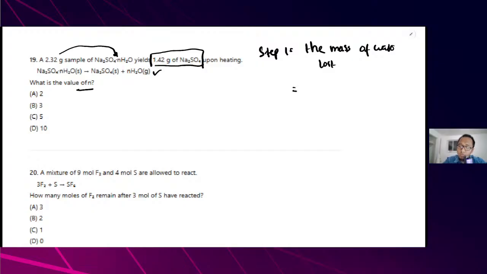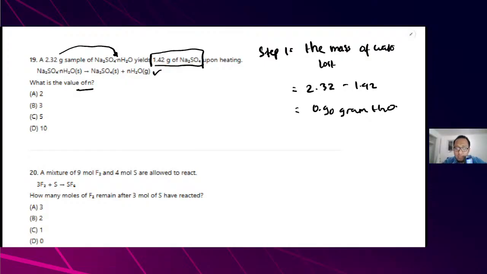How to get this one is just hydrate minus unhydrate. So 2.32 minus 1.42. So it will give us 0.90 gram H2O.